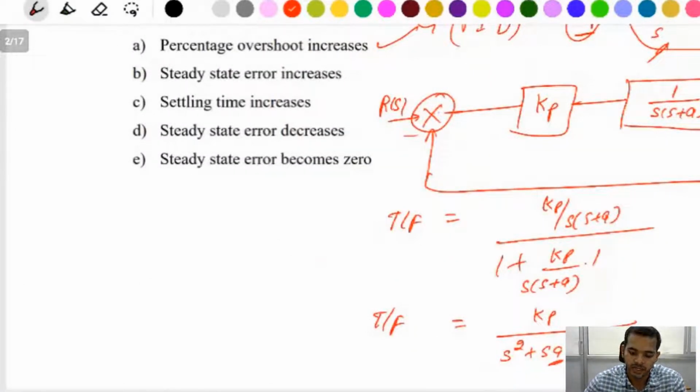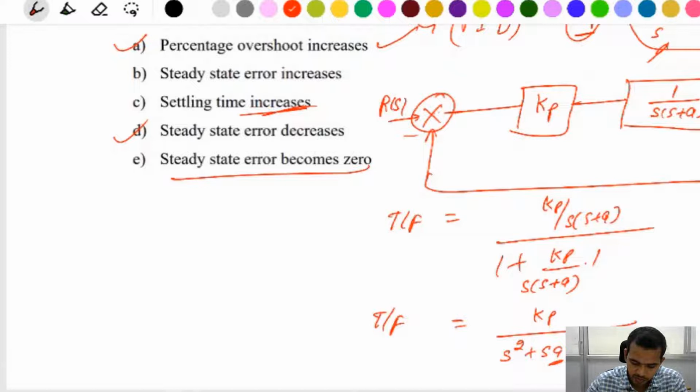Phase margin will decrease. When phase margin decreases, then overshoot will increase. That's why I think this one is correct. Settling time is not affected. The error does not become 0, but some value, it decreases somewhat.